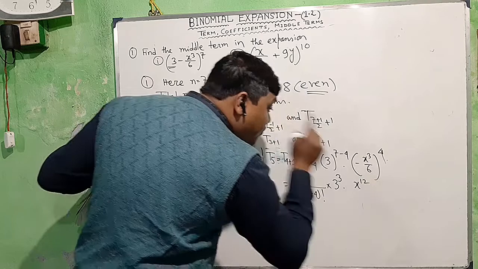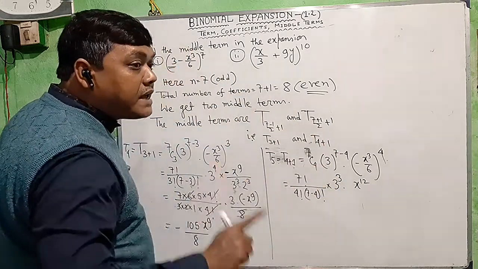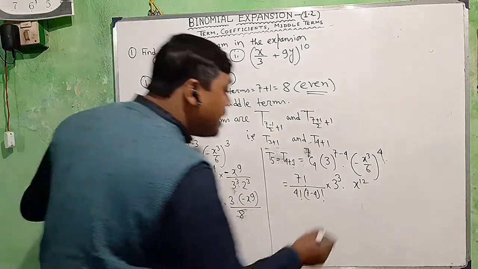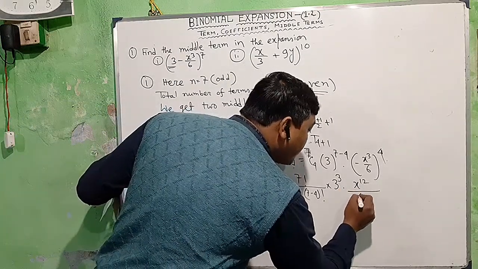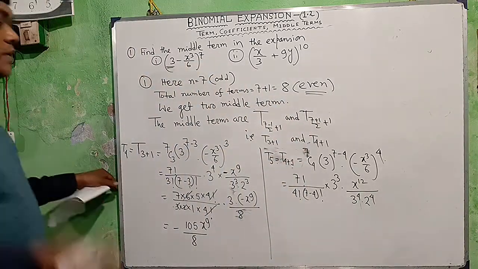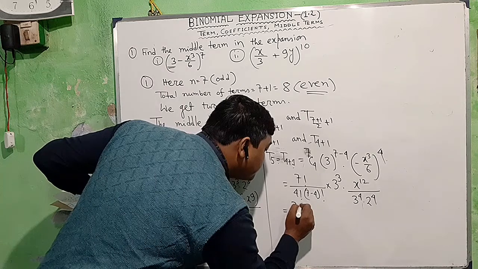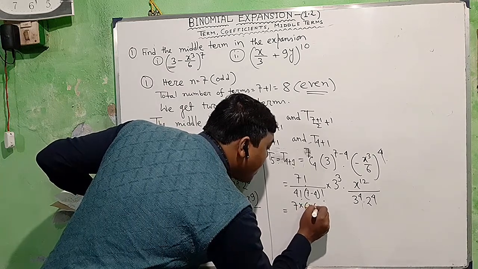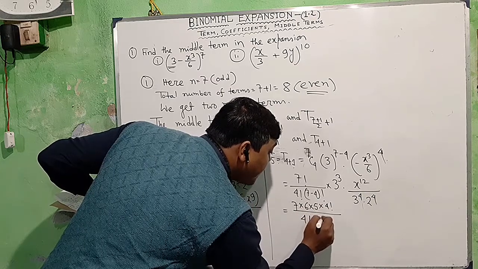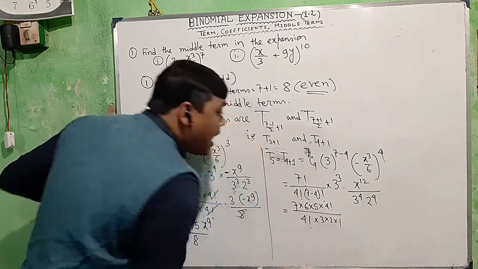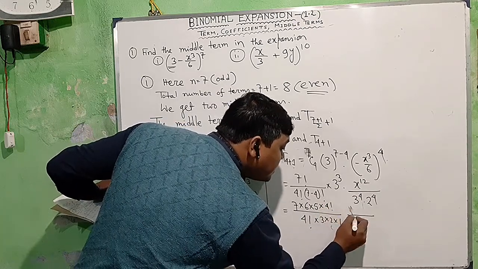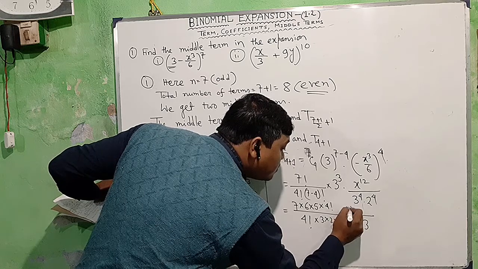3 to the power 7 minus 4, that is 3 cube, and x to the power 12, and 4 times negative sign, that is minus into minus is plus, so all are plus. And 6 to the power 4 you can write also as 3 to the power 4 into 2 to the power 4. So after some calculation, you will get 7 into 6 into 5 into 4 factorial, and also this 4 factorial, and 3 factorial means 3 into 2 into 1, and 3 cube and this 3, you will get 2 to the power 4, that is 16 into 3 x to the power 12.